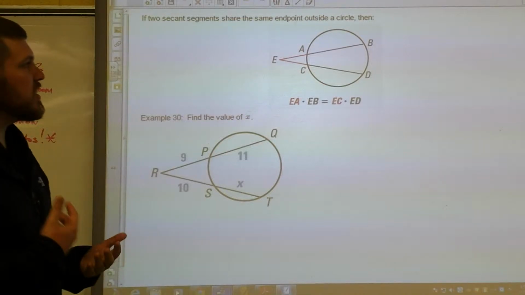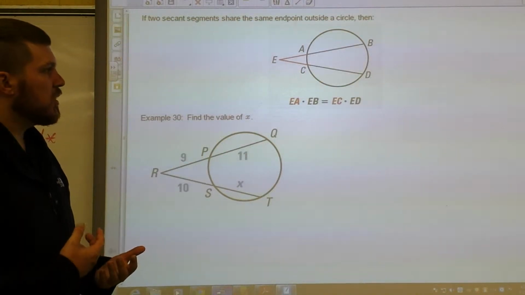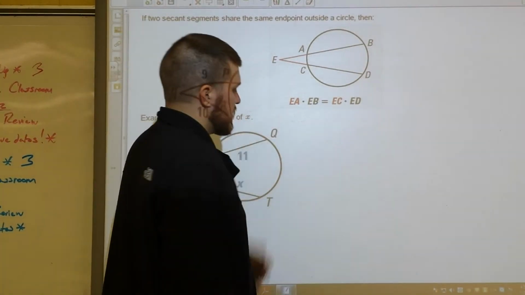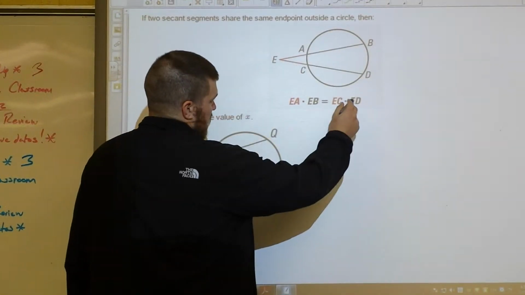If we have two secant segments that share the same endpoint outside the circle, then what we can do is multiply different pieces together. If you're following the letters, it's not that bad.